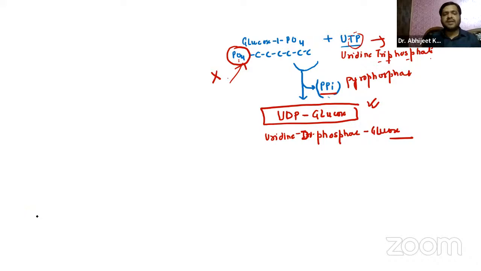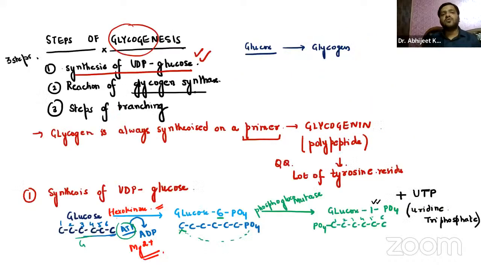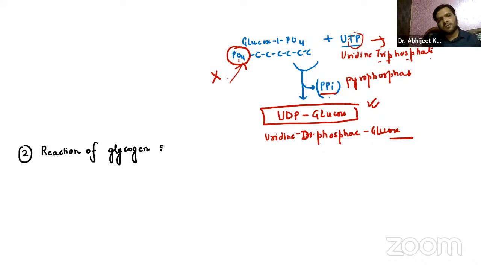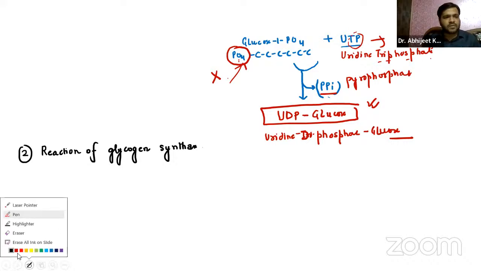The next step, guys, says reaction of glycogen synthase. So write down the reaction of glycogen synthase. Now, guys, you already know we have a primer, right?